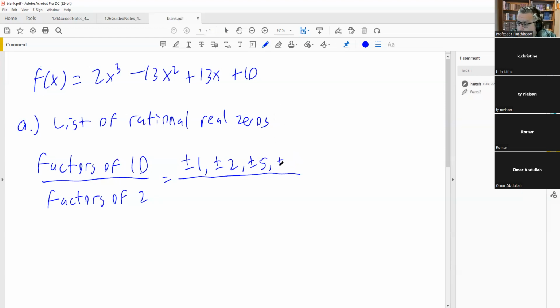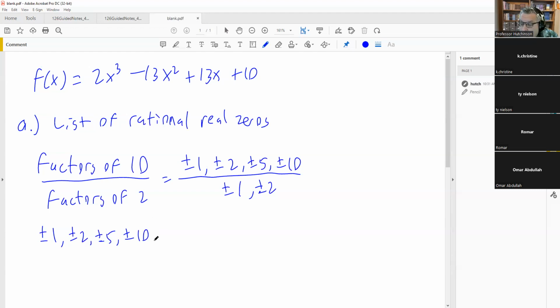Okay, so we have that so far. On the bottom, we have plus or minus 1, plus or minus 2. From here, we take everything on top, divide by 1, and then everything on top, divide by 2. Dividing by 1, you get 1, 2, 5, and 10.